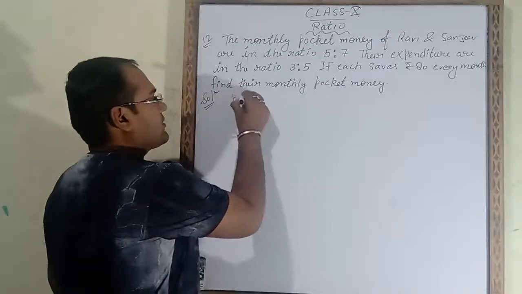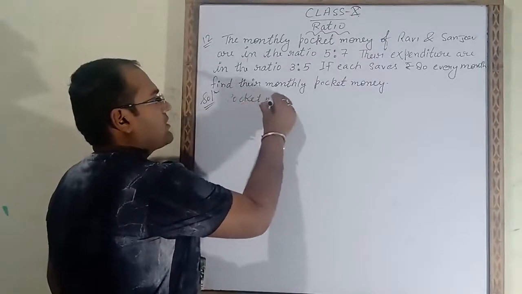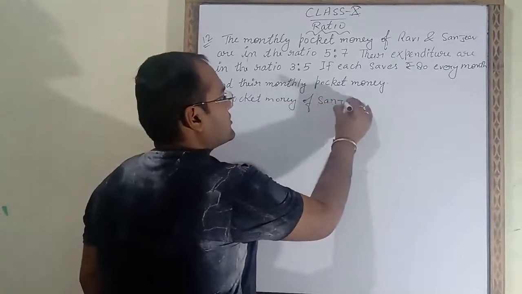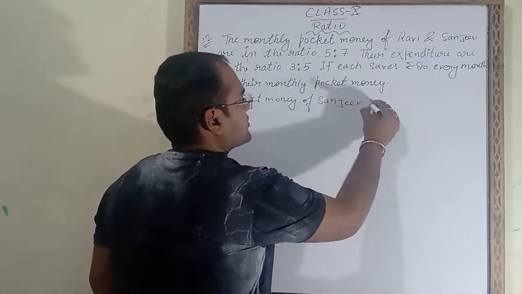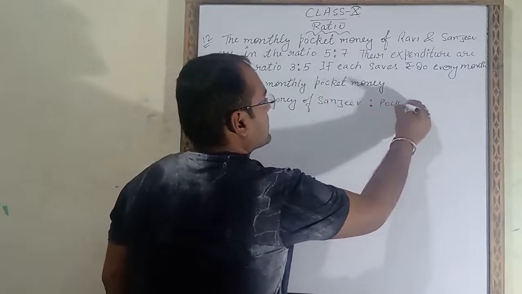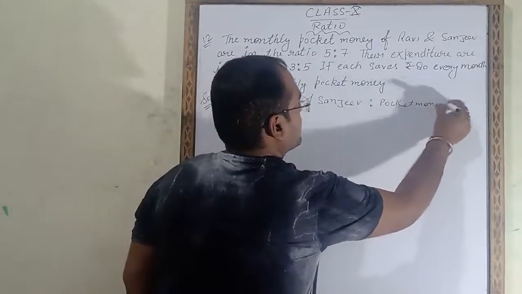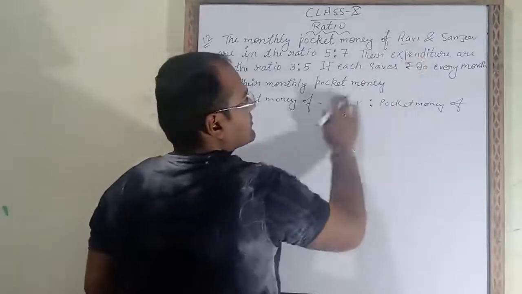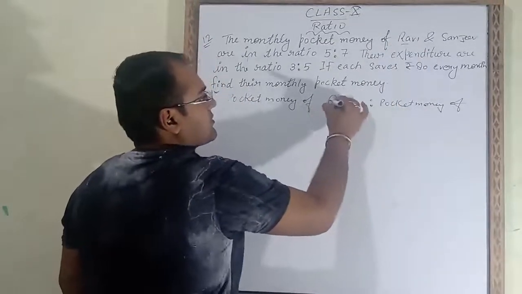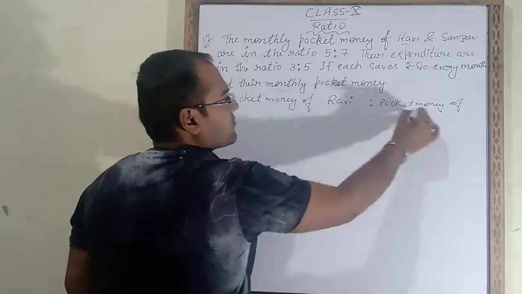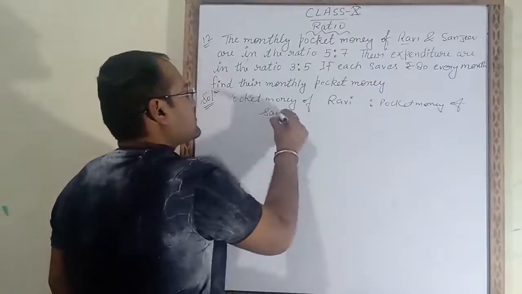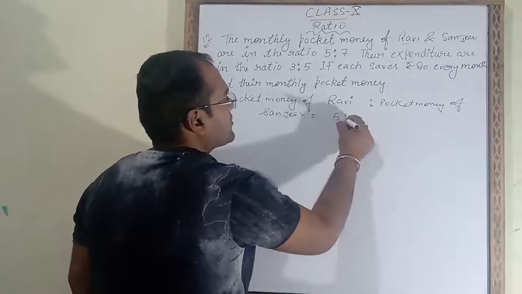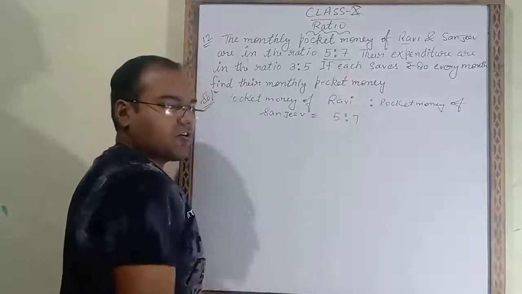We will write pocket money of Ravi first, ratio pocket money of Sanjeev, is given 5:7. This is the ratio of pocket money.